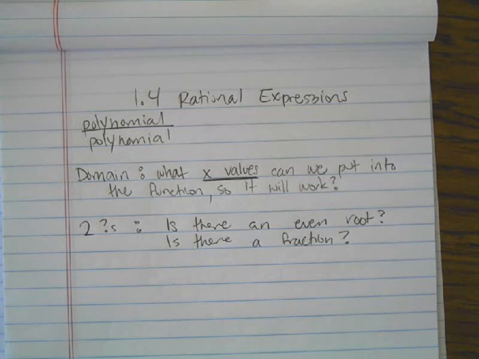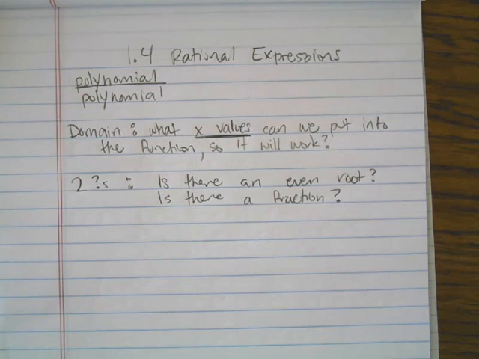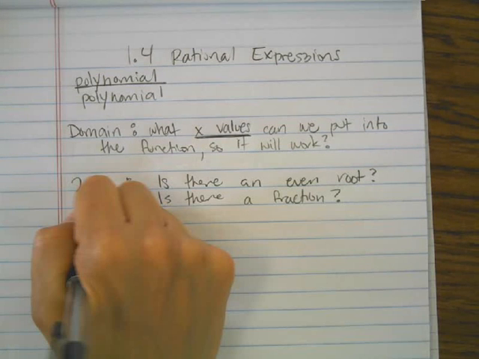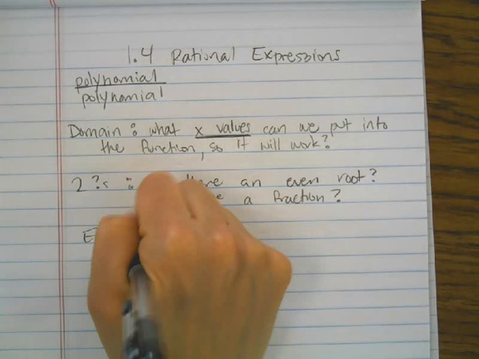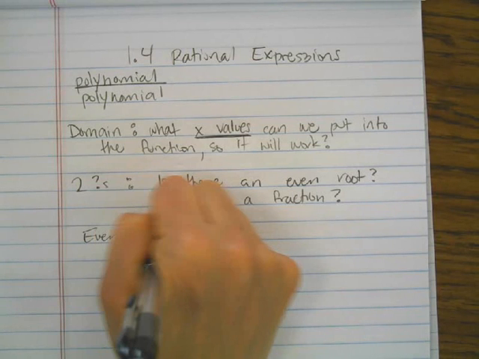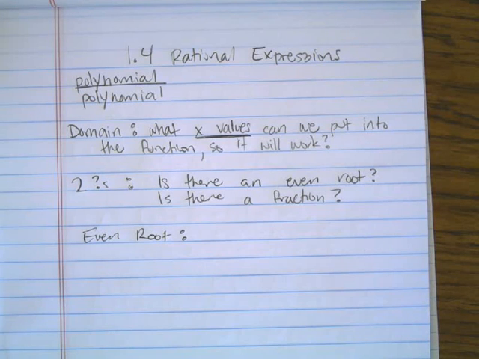Not negative. How do we get undefined? 0. So the bottom of the fraction cannot be 0. So to find the domain, set the bottom not equal to 0 and solve.